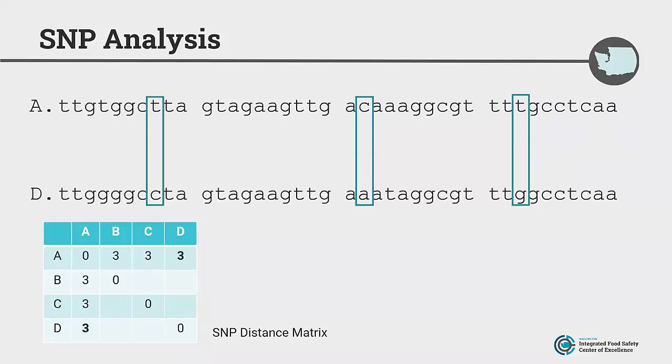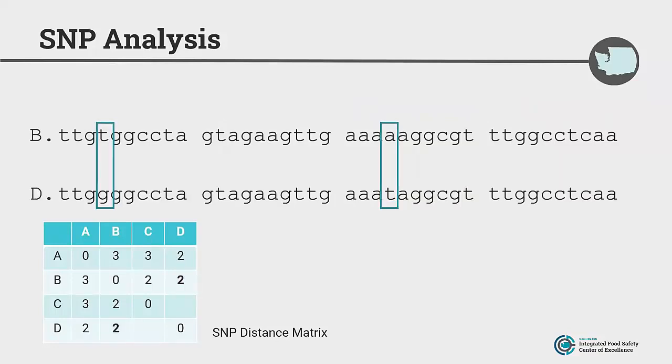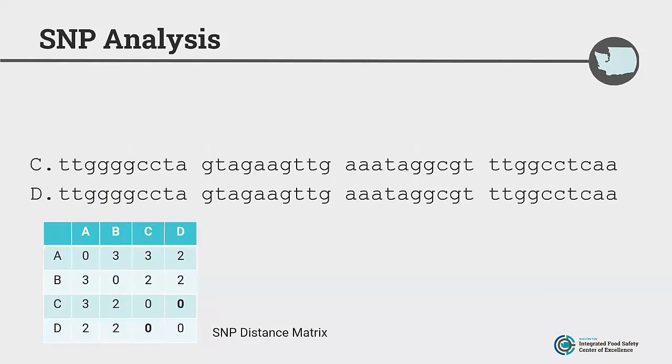If we compare A to D, 3 differences as well. Now we'll compare B to C, only 2 differences. B to D, 2 differences as well. And then compare C to D, and they are identical. So by doing this, we have completely filled out our distance matrix, which you can look at to get an idea of which sequences are more closely related to the others.